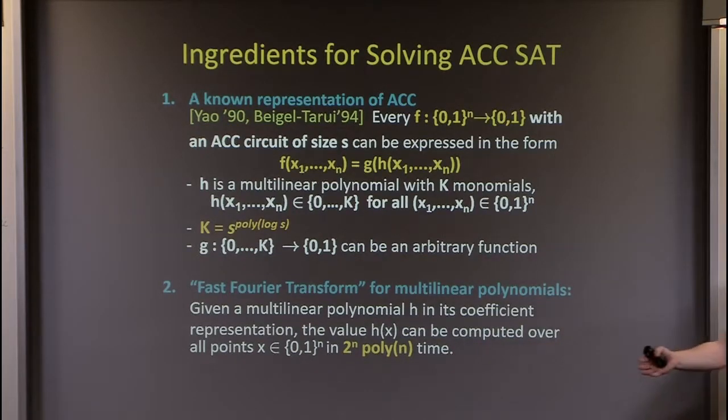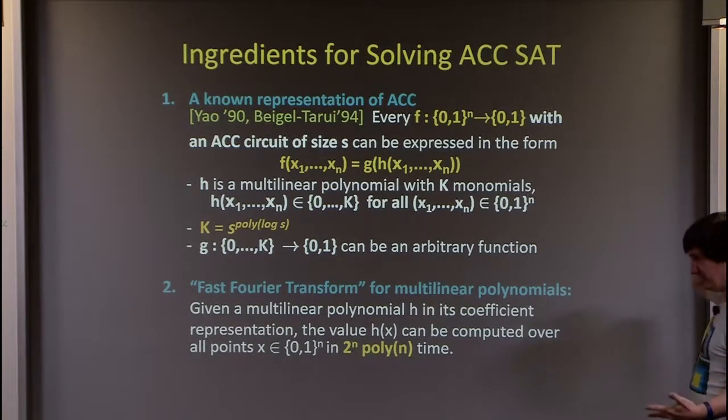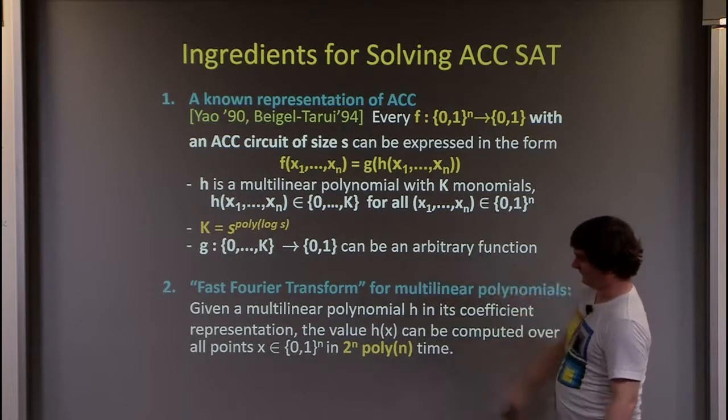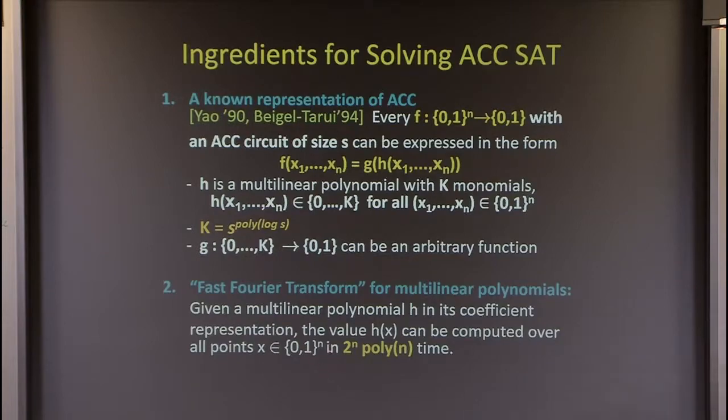Okay? So if I give you a really long polynomial with 2 to the n coefficients, just naively evaluating it over all 2 to the n points would take 2 to the n times 2 to the n time, right? 4 to the n. So somehow you can make this linear in the coefficient representation, like if it happened to have 2 to the n coefficients. Okay? So that's basically the source of the speed up in the SAT algorithm.